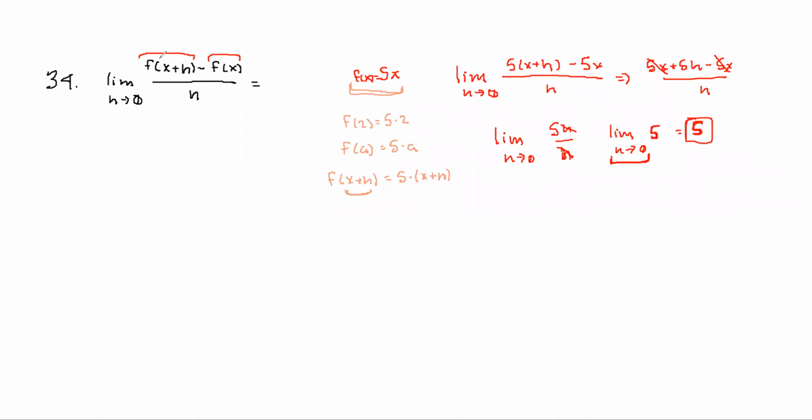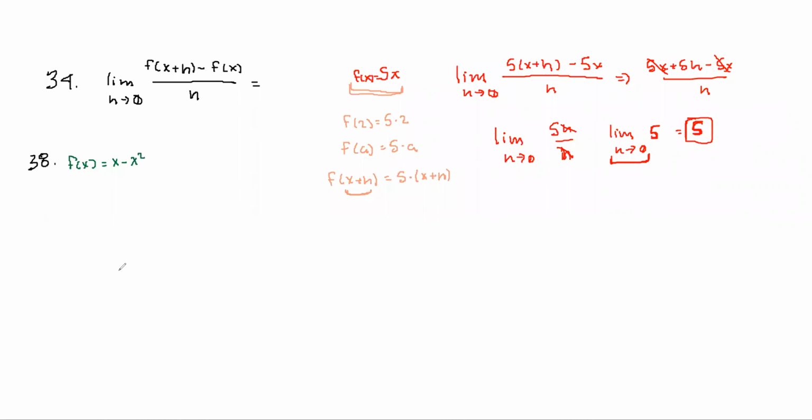So we're going to do it again. Let's do 38. Here we have a function f of x is equal to x minus x squared.